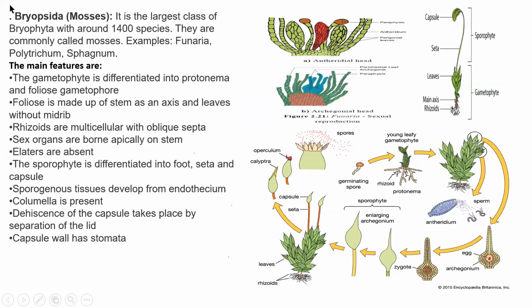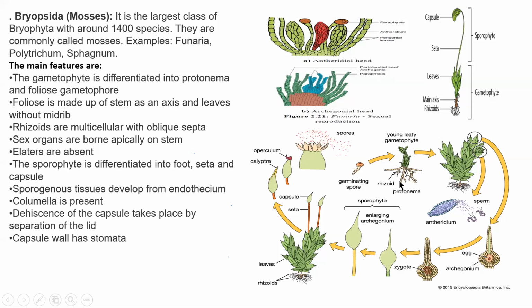So when you come to the third class, Bryopsida, which is commonly called the mosses, the main feature is that you have a thalloid portion in the plant body, called the protonema, which will grow horizontally over the substratum. Okay, they may be branched, and they will contain rhizoids.